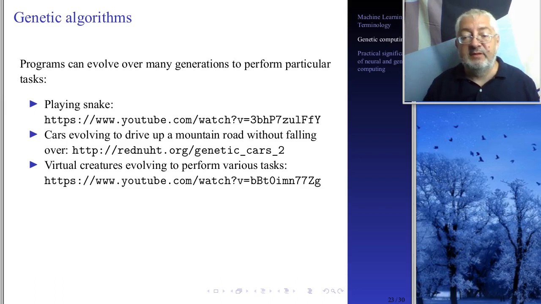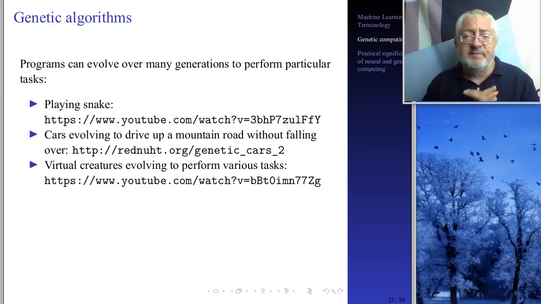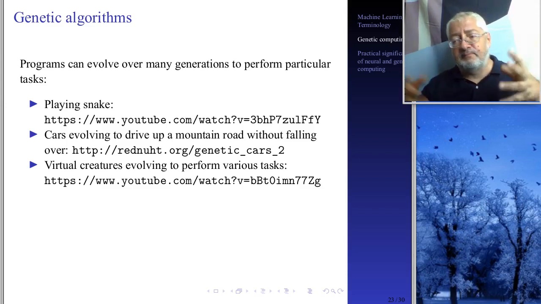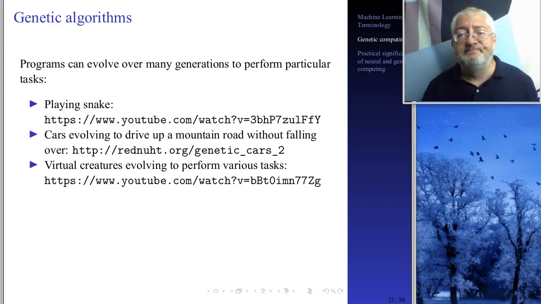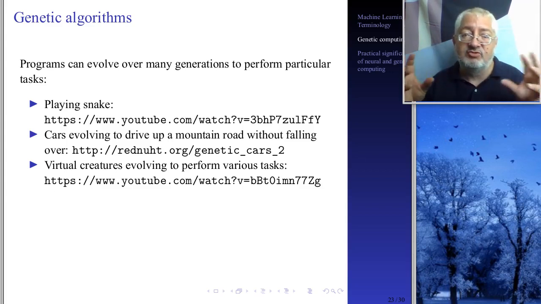A very nice simulation, I think this is the one where you have different shapes of underwater creatures evolving. They try to move through the water by having fins or wings or legs that are all made of polygons, of boxes essentially, of rectangular boxes.